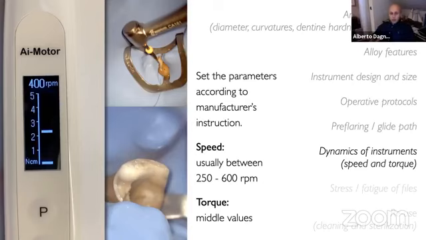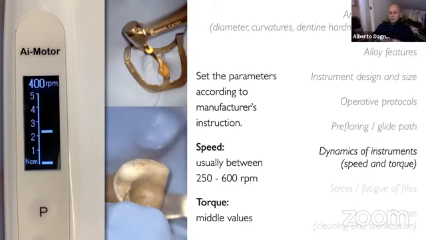And we also have to respect the torque, because when we reach too high values of torque, some handpieces are able to do a contra-rotation of the file in order to reduce the stress of the file.